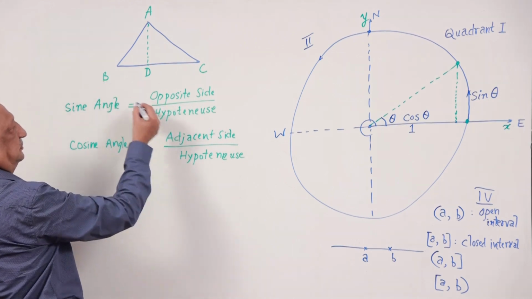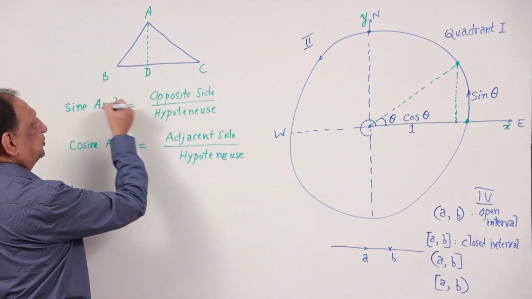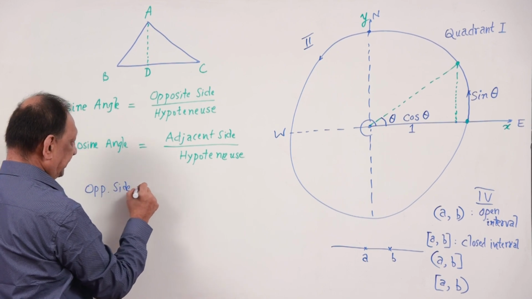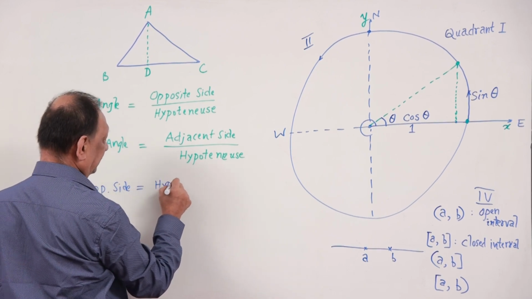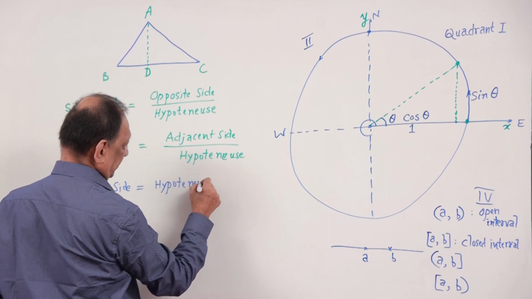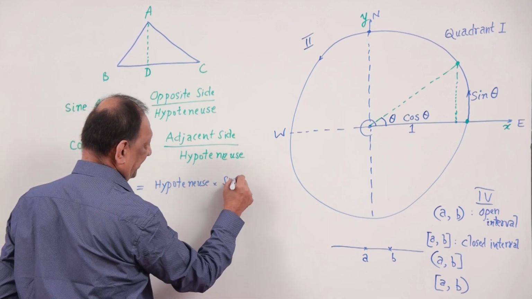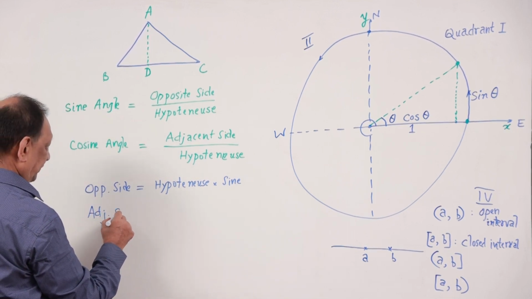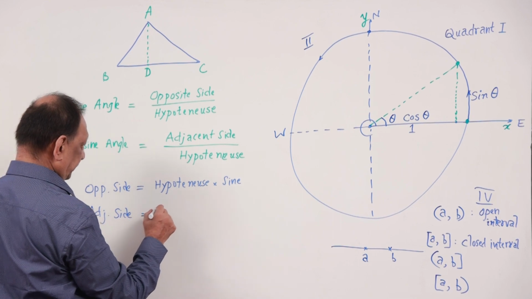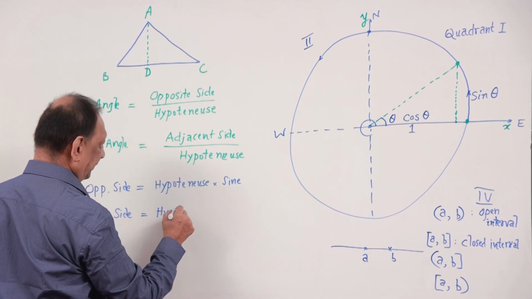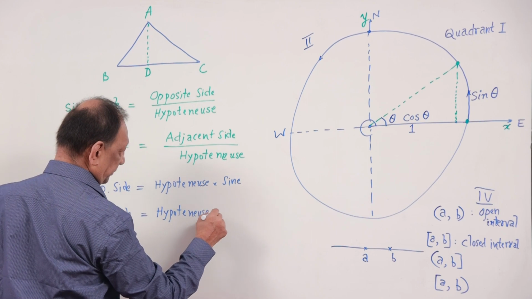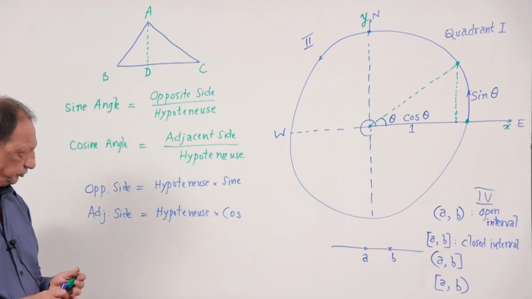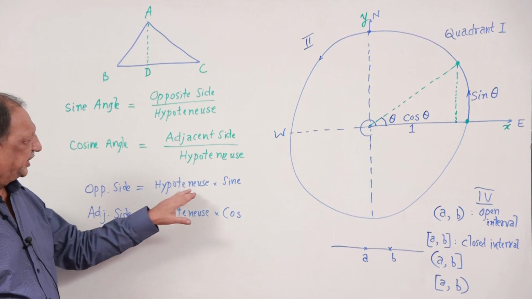I just take this hypotenuse to the other side. So the opposite side is equal to hypotenuse multiplied by sine. And what is the adjacent side? It is hypotenuse multiplied by cosine of the angle, of course. They are always true. I can make use of these.